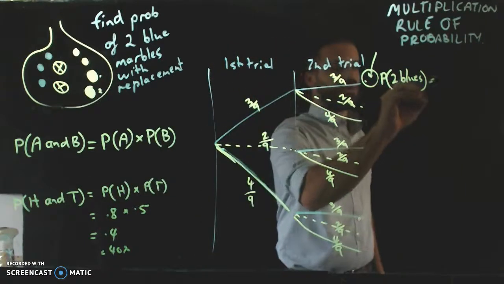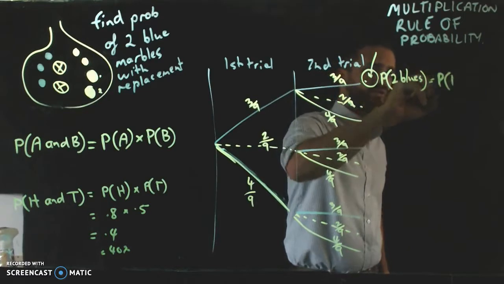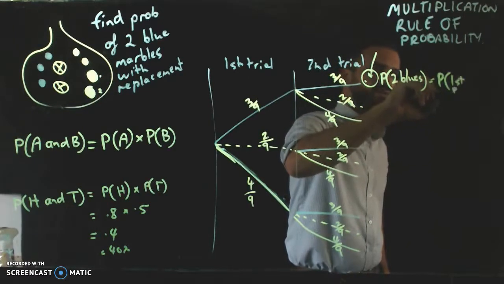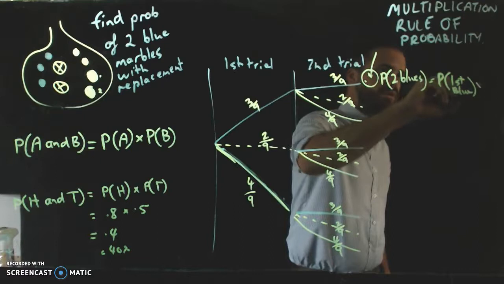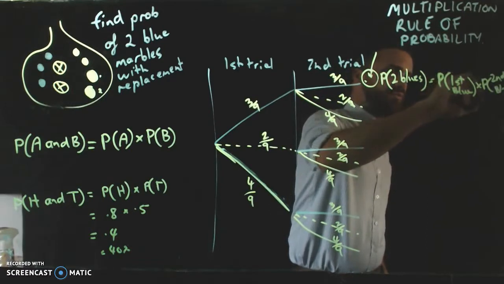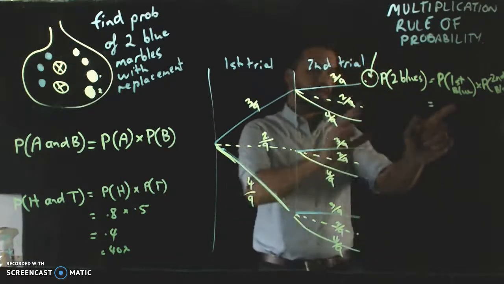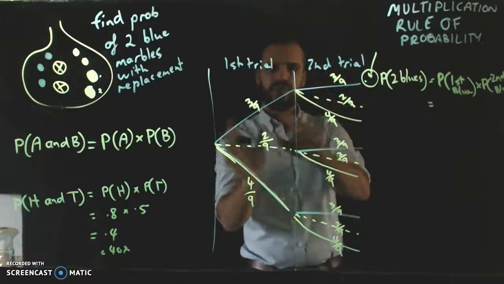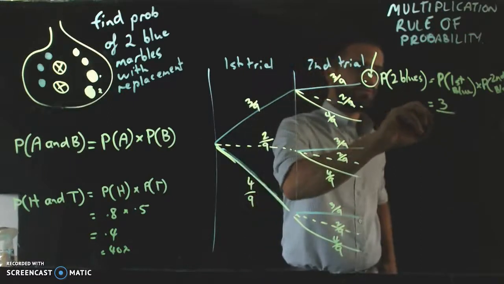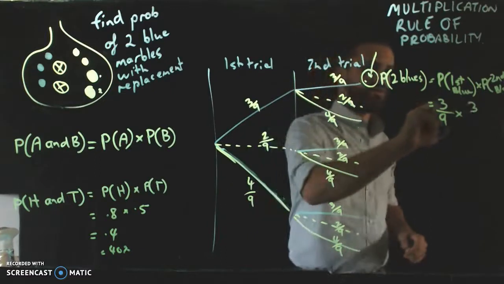Okay, so coming back to the thing we actually cared about, the two blue marbles, the probability of two blues is equal to the probability of first blue times the probability of second blue. Now that's going to be equal to 3/9 times 3/9.